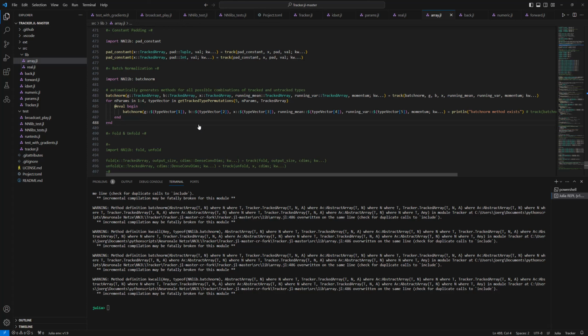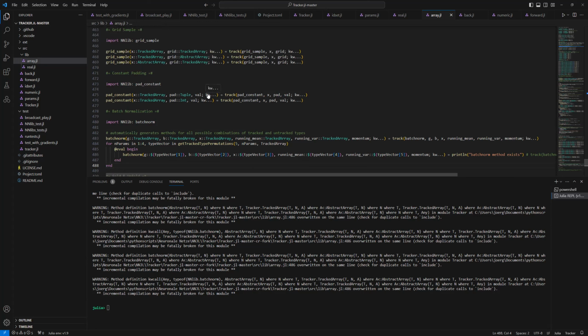So in terms of your type permutations, make sure that they are all actually specific, unique dispatches that don't overlap with each other. Shouldn't be the case, I think. If you have a function, batch norm, with different types, and calling the same function with the same, I think it should be fine.